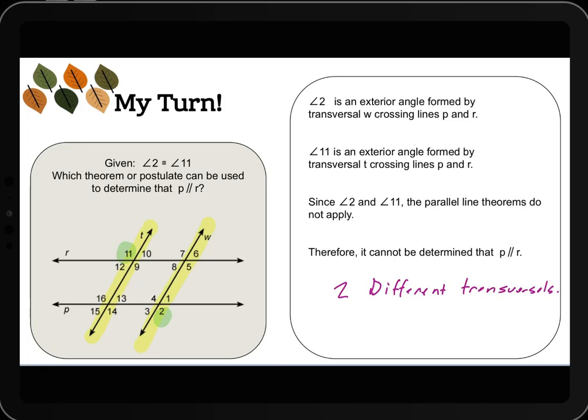That's a problem. There's no actual theorems, line theorems at all. There's no angle relationship between them that we can define that we've already described. So as a result, those lines cannot be justified as being parallel or otherwise. We just can't determine that. That's a really great way to describe it.